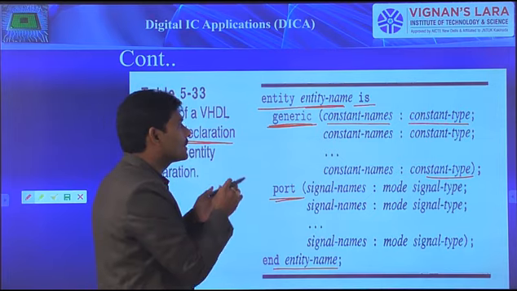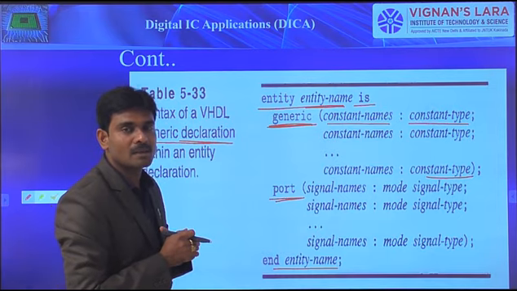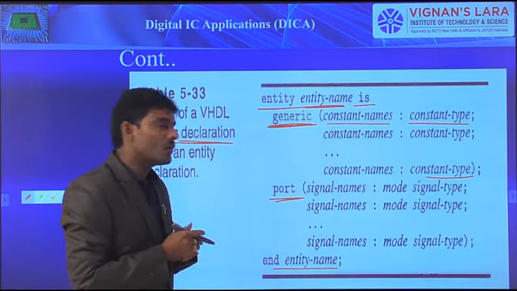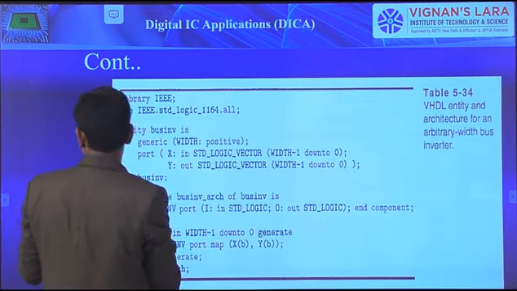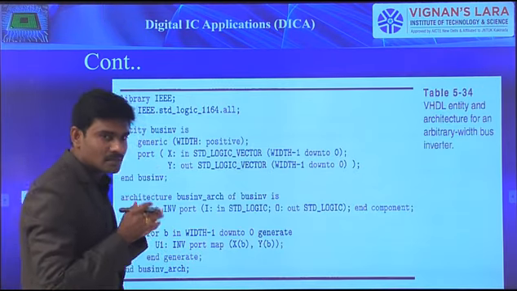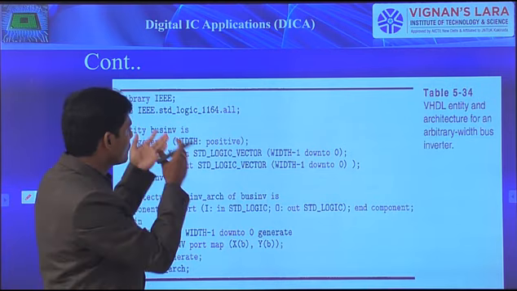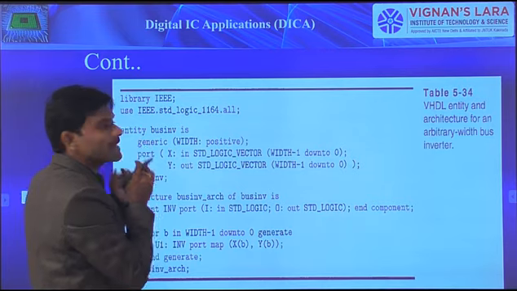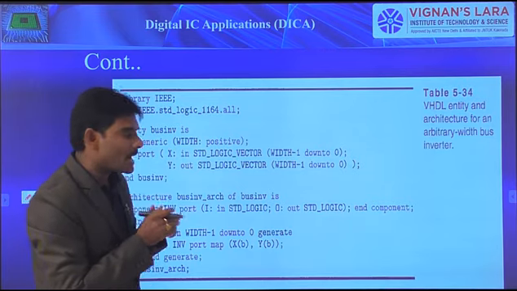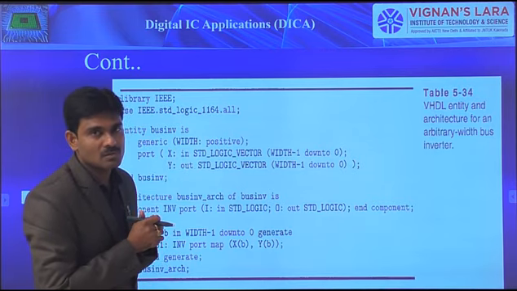Now we will look at how, using this generic statement, you can realize different widths of bus. Here I consider the same program I explained previously, the 8-bit inverter. That same program can be used for a bus inverter of any width.